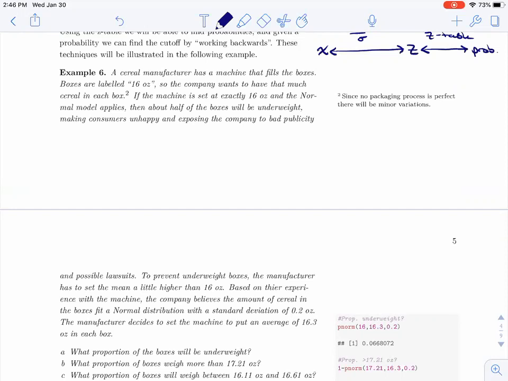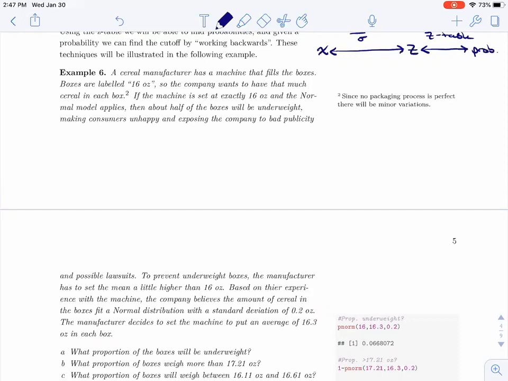In this case, if we have a machine filling these boxes and we set it to fill at 16 ounces exactly, on average, then half of these boxes are going to be less than 16 ounces. If you're forcing the mean to be 16, then just by properties of the normal distribution, half of them are going to weigh less than 16 and half are going to weigh more.